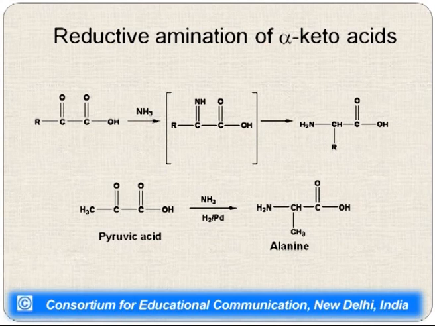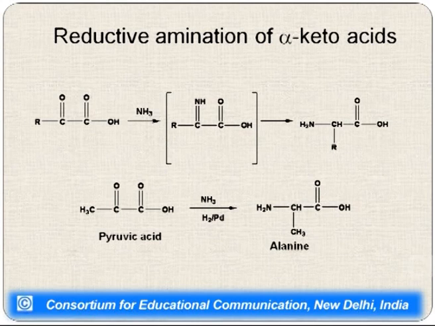If I take glyoxylic acid, H and C double bond O COOH, I would get glycine. If I take PhCH2 here, it will be 2-oxo-3-phenylpropionic acid, and I would get phenylalanine. In this manner I am giving you a general synthetic pathway for various amino acids.